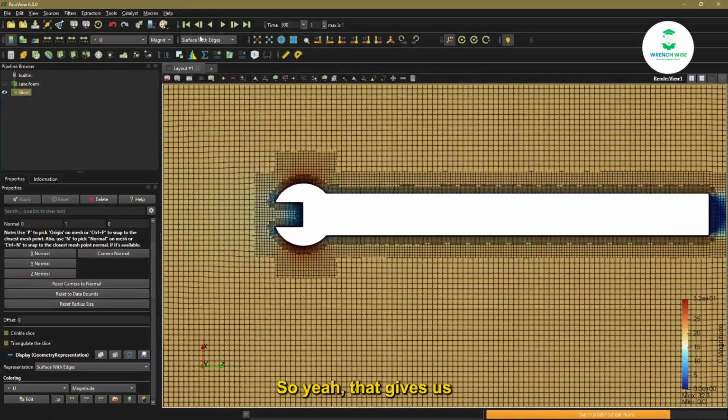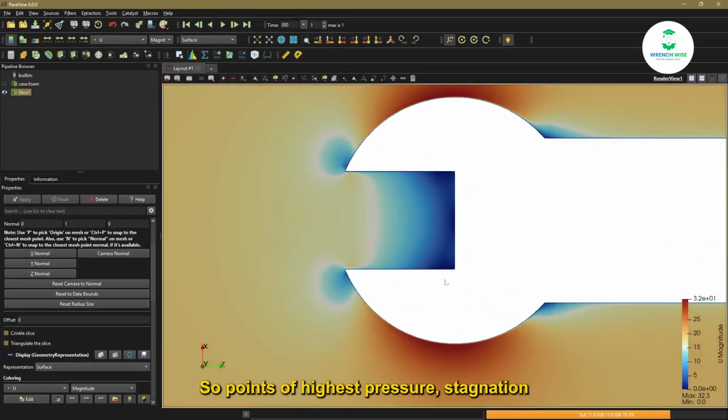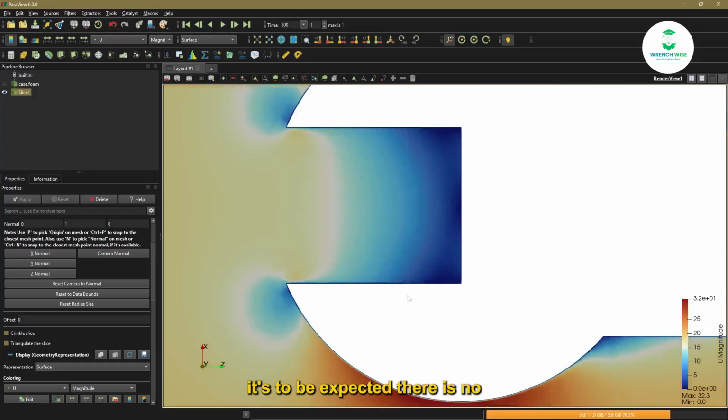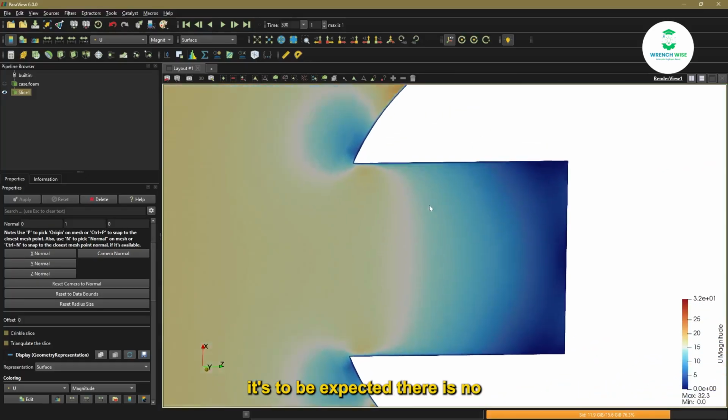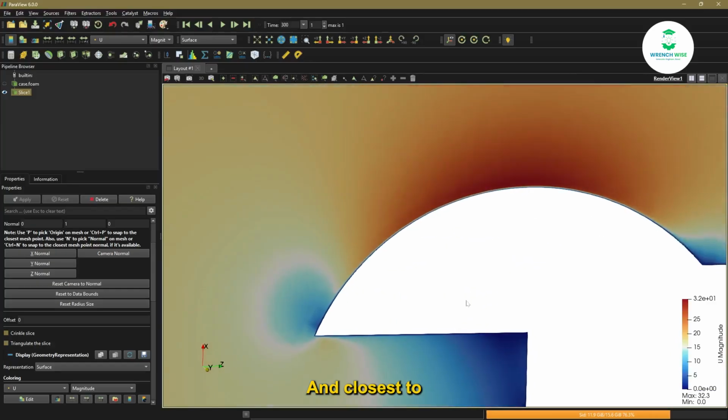Velocity gives us a better clue into what's happening here. Points of highest pressure, stagnation points, there are at least 2 above and below this particular jaw, and inside, it's to be expected, there is no fluid escaping our particular range.